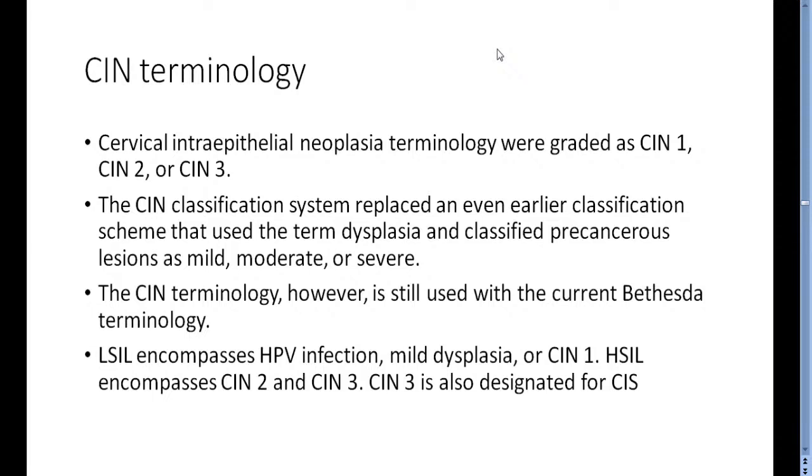Usually low grade encompasses HPV infection, mild dysplasia, or CIN1, but high grade intraepithelial lesions encompass CIN2 and CIN3. And in some classifications, cervical intraepithelial neoplasia 3 is designated for cancer inside of the cervix.